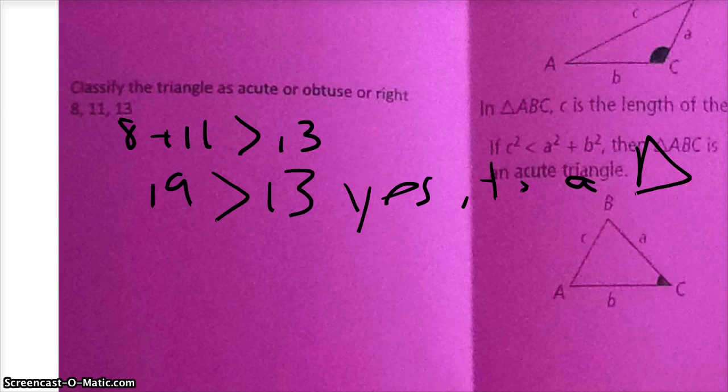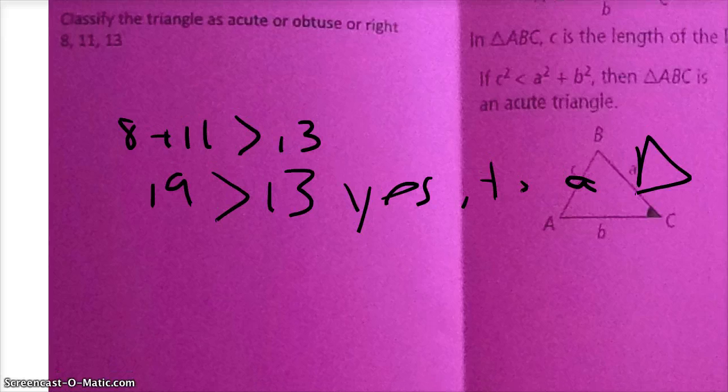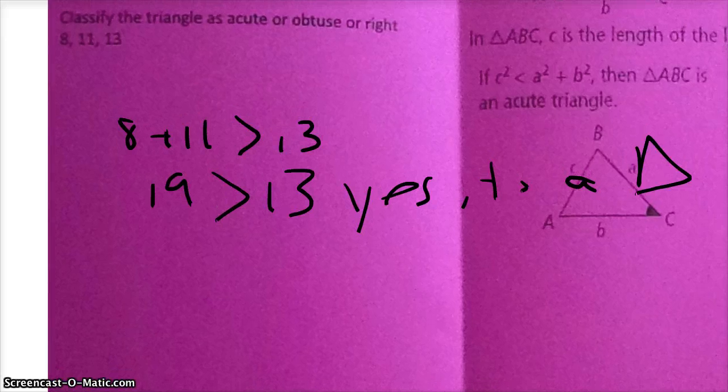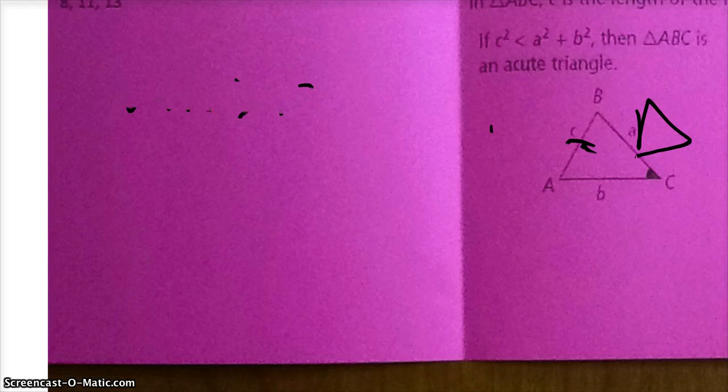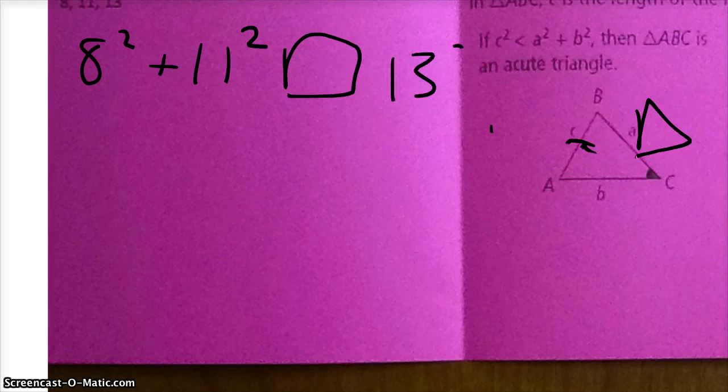Okay, then we need to figure out what kind of triangle it is. So let me erase this. Okay, so we would have 8 squared plus 11 squared is something to 13 squared.